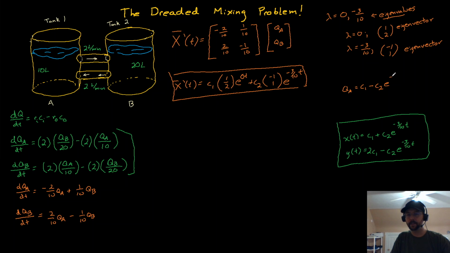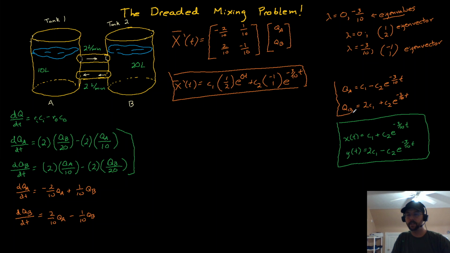E to the negative 3 over 10t. Q of b, doing the same thing, we get 2c1 plus c2 e to the negative 3 over 10t.